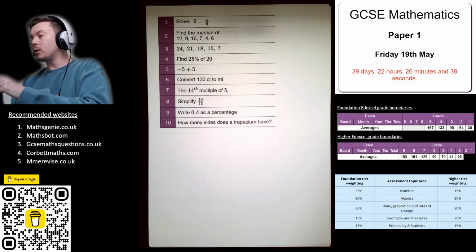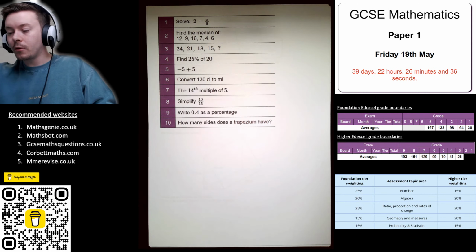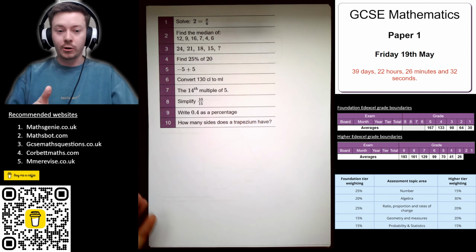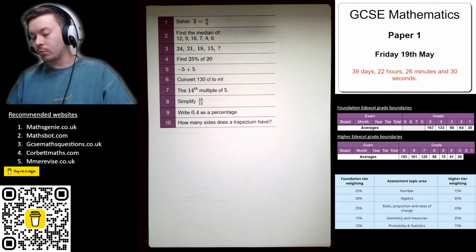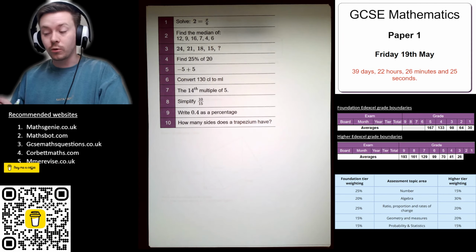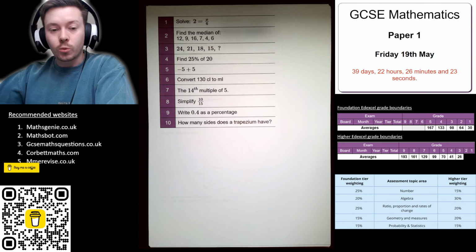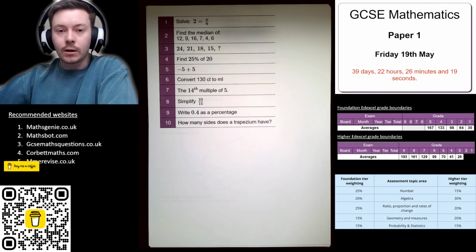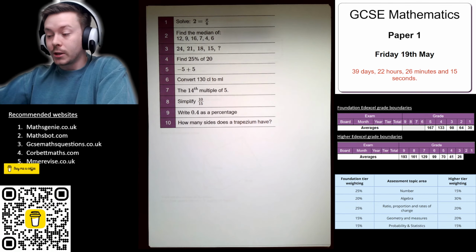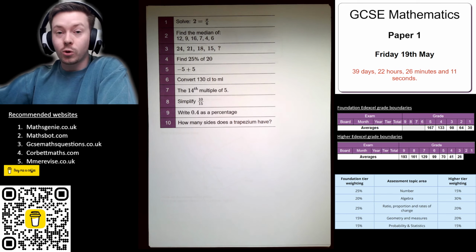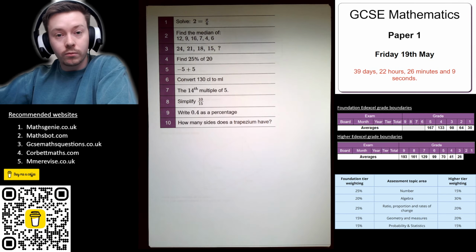If you haven't already looked at the formula sheets, I definitely recommend, if you can't stick around to watch the rest of this video, maybe watch this video back or have a look at them yourself first of all. Make sure when you're doing your practice papers, when you're doing your revision, you do have it to hand and you are referring to it and using it when you need to. You might not need to at all, but things like area of a trapezium, you might think, oh, I can't quite remember that formula, so it's on the sheet.